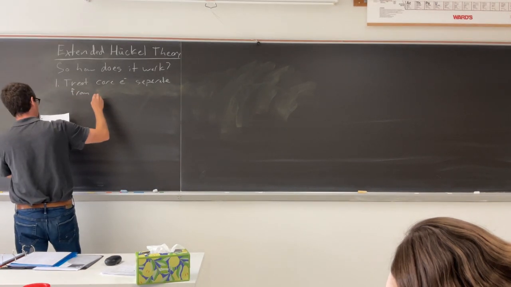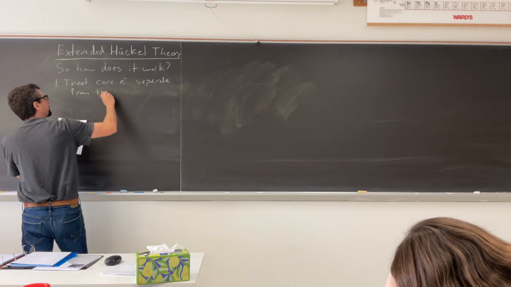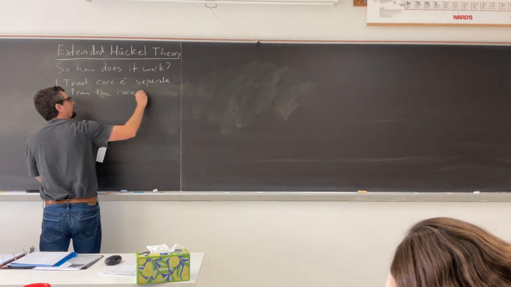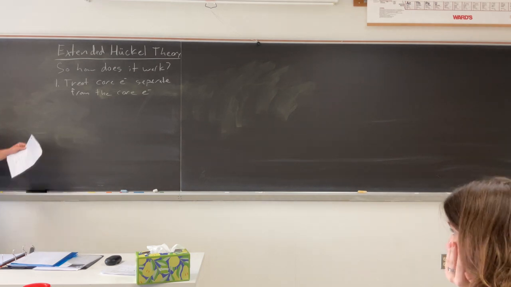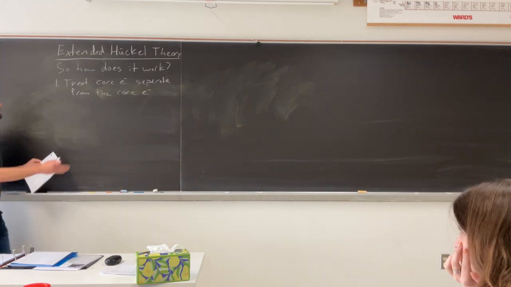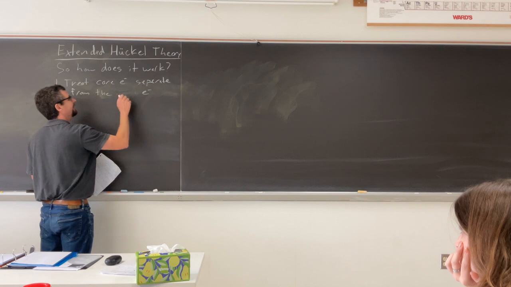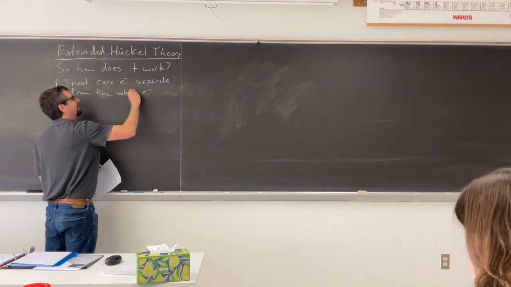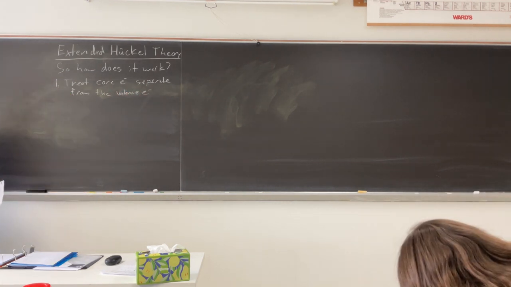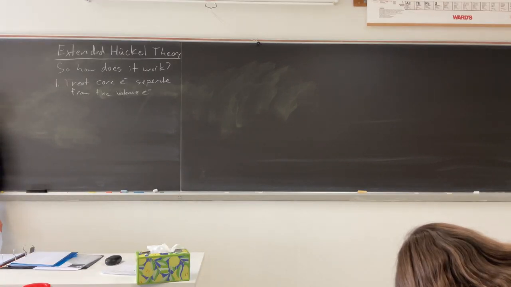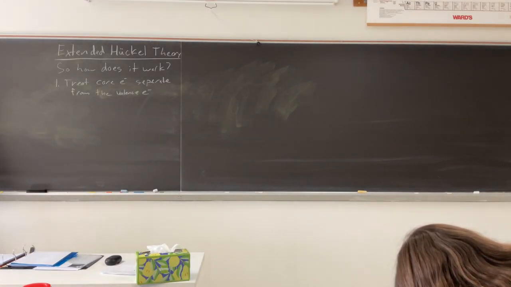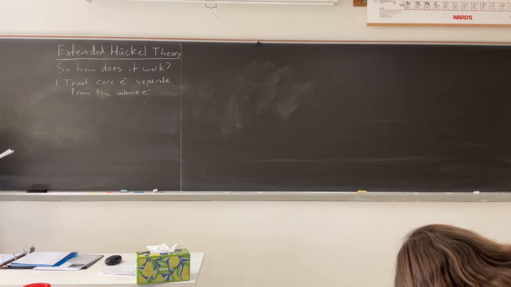Okay, so we separate those two things out from one another. This allows us to not have to worry a ton about the core electrons, and we can worry about the valence electrons.